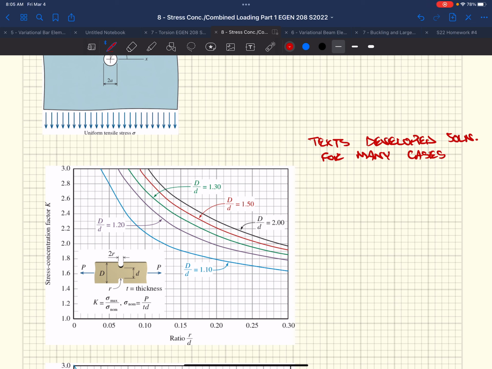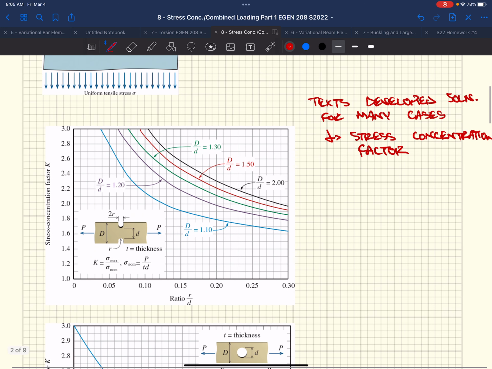So I'm going to give you guys a little bit of a taste for this over the next day or so. And what they have done is they've created these graphs that give us a stress concentration factor.